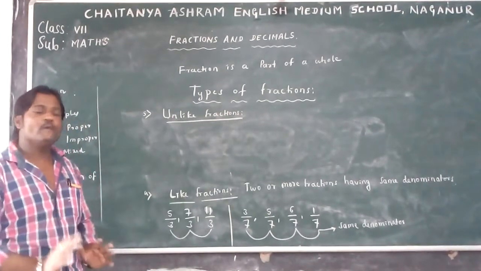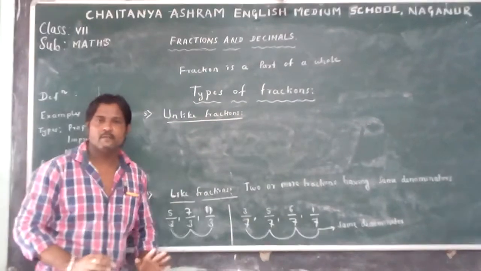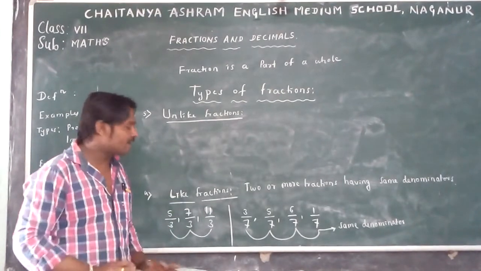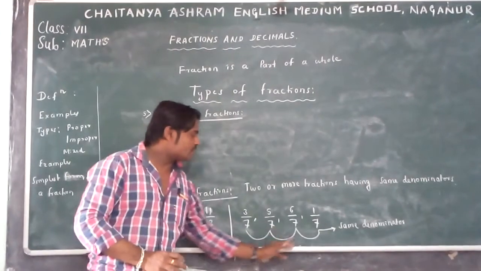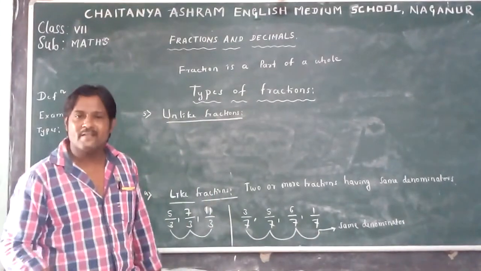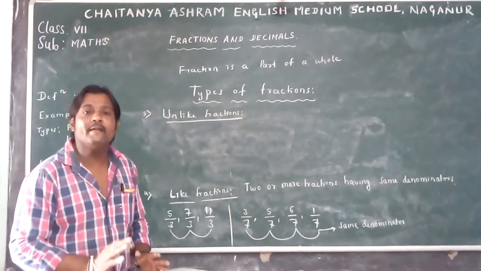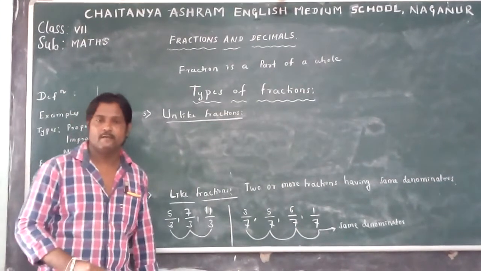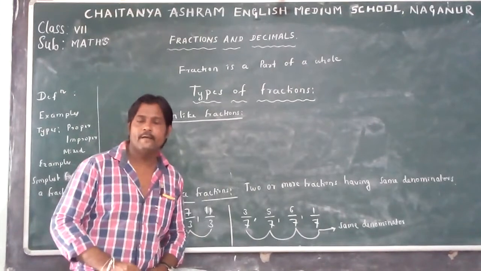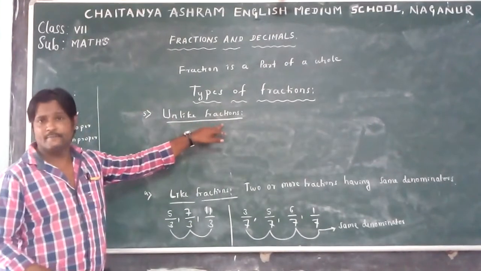This is opposite to like fractions. How means, in like fractions we found that the fractions which have same denominator, but in unlike fractions they have different denominators. Such fractions, such group of fractions are called unlike fractions.